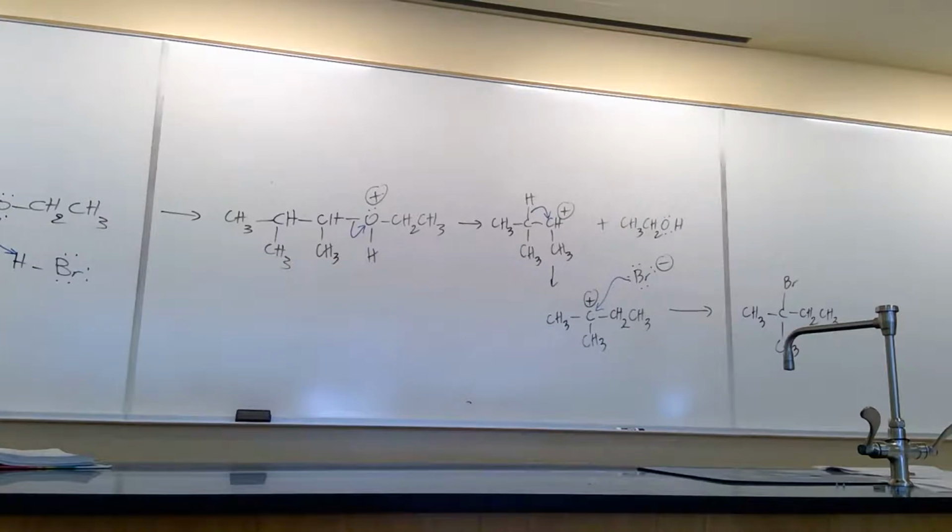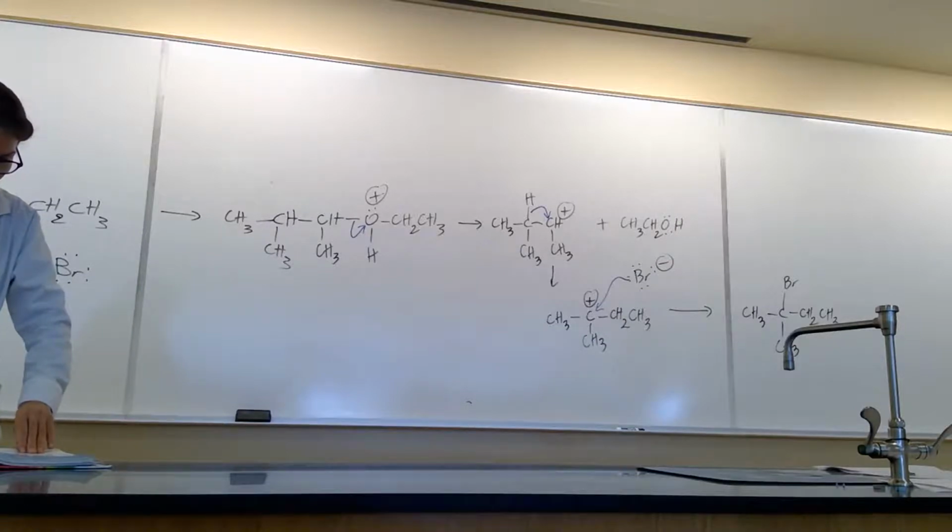Yes. Part B, I think, is also different, in that it attaches to the more hindered side because of the good leaving group that the methanol produces. Just that. Which part? 63B. What was B? Because originally it was the same.